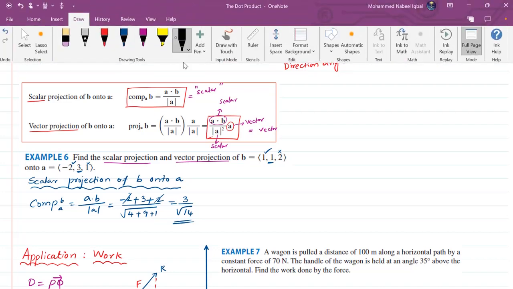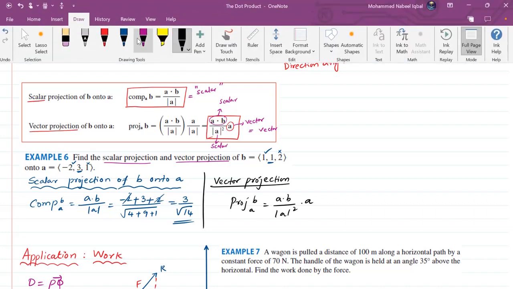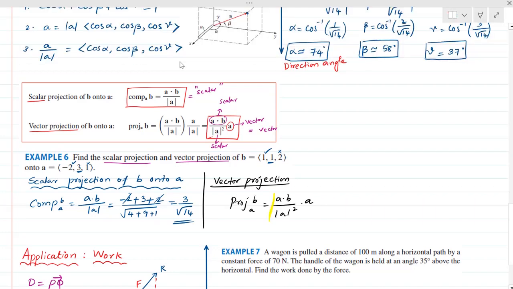Now we will calculate the vector projection of B on A. The vector projection of B on A is given by A dot B over the length of A squared, into A. Everything we have calculated already. See here, up to this part it is already there.